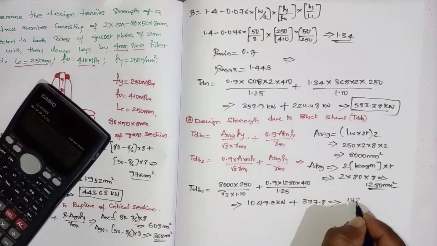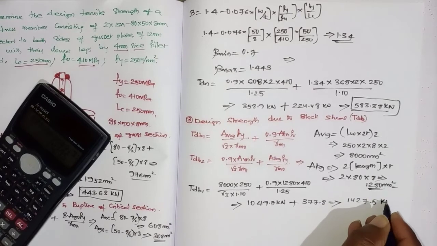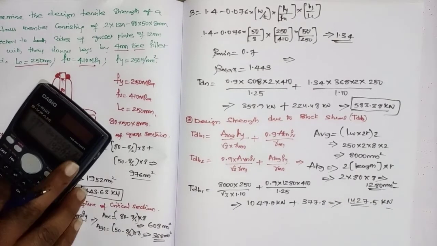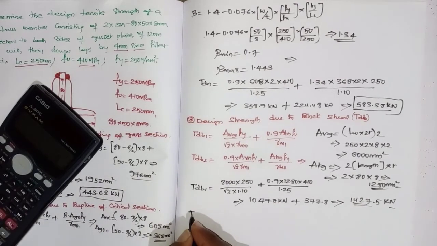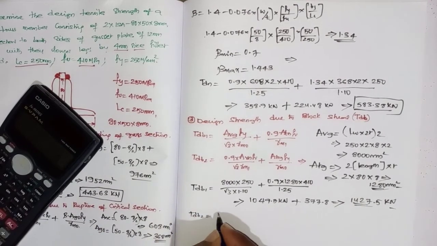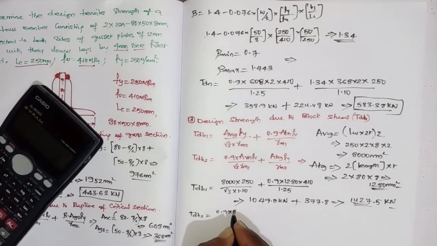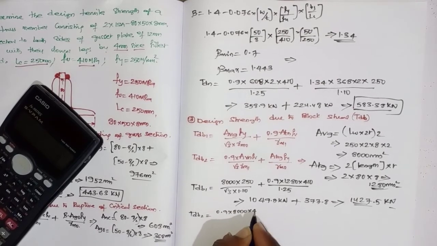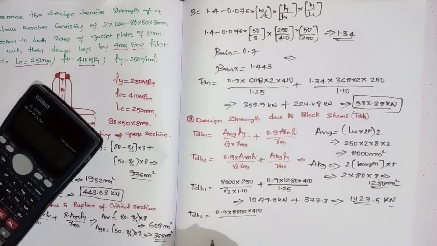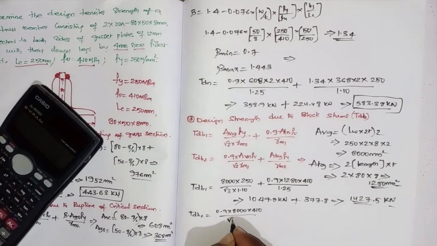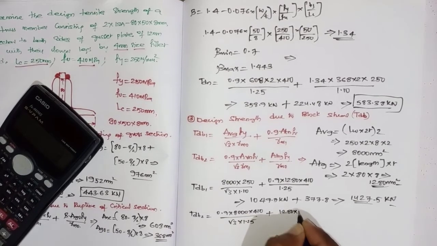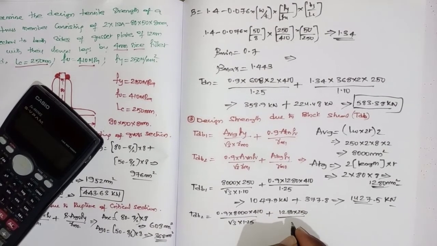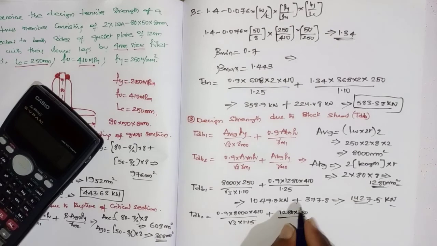This is 1472.5 kilonewtons. Okay, next with respect to the second one, Tdb2: 0.9 into 8000 into 410 divided by root 3 into 1.25, plus 1280 into 250 divided by, what is gamma m0?